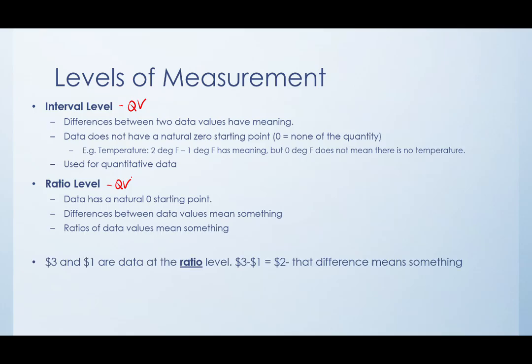So here, if I say, hey, I've got $3, you've got $1, right? I have $2 more than you, right? So that difference has meaning, but also the ratio, my $3 to your $1, I have 3 times as much money as you do, right? That ratio has meaning. So if both things have meaning, then you're at the ratio level. This doesn't work for temperature because 2 degrees Fahrenheit is not twice as hot as 1 degree Fahrenheit. Okay, that's not the way temperature works, unless you're dealing with Kelvin, which is an entirely different beast.